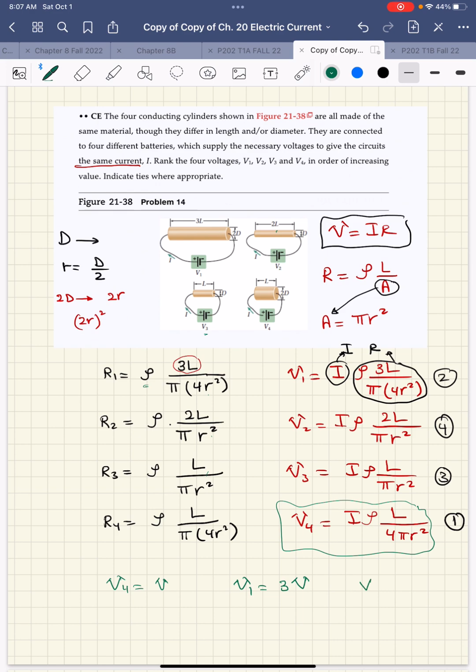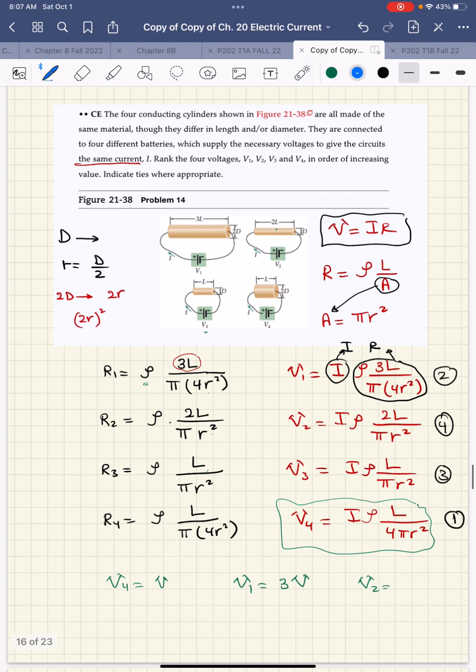Now, if we look at V2, it doesn't have the 4 here, but it has a 2 on top. I want to have all of them in the same format. This is 4, then this one is 4.